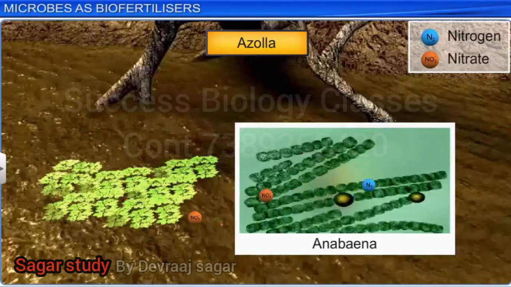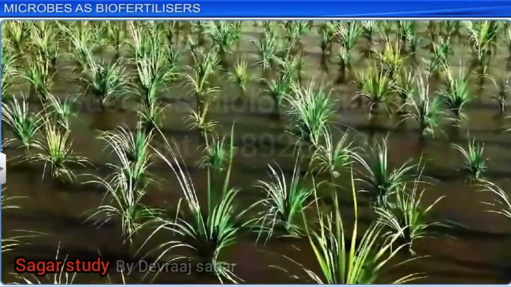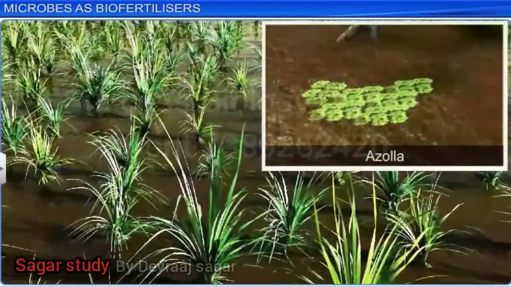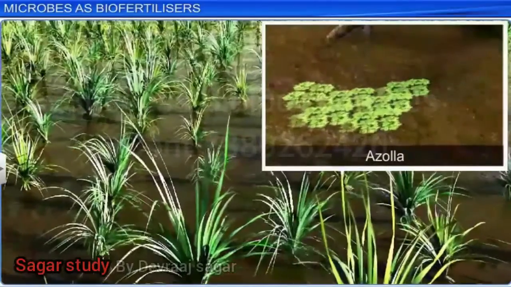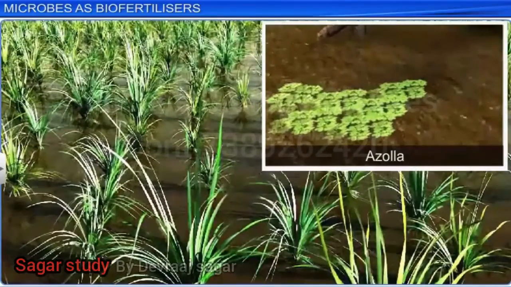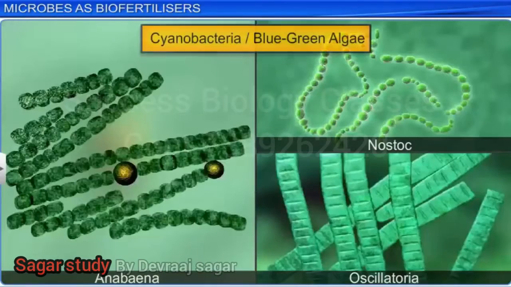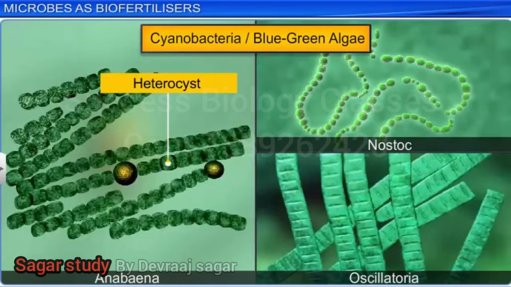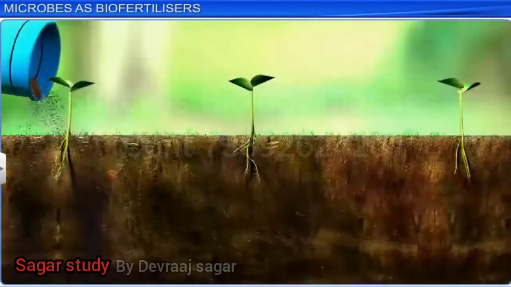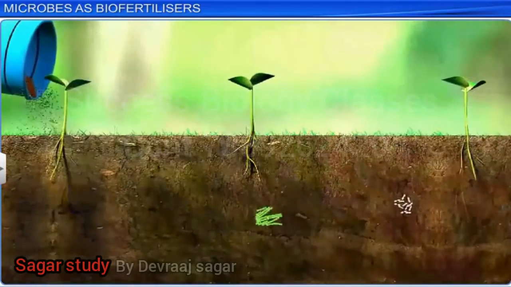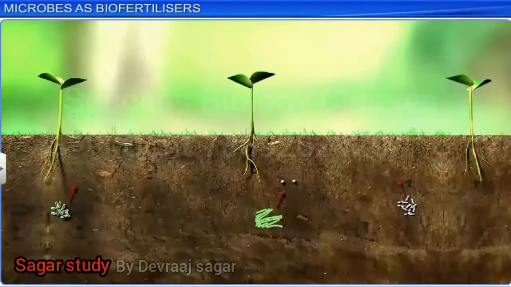Hence, Azolla is extensively used as a biofertilizer in paddy fields. Also known as blue-green algae, cyanobacteria are photosynthetic, prokaryotic organisms that serve as important biofertilizers worldwide since they add organic matter to soil, thereby increasing its fertility.